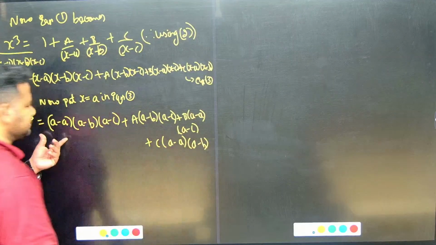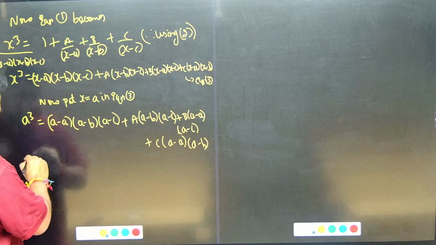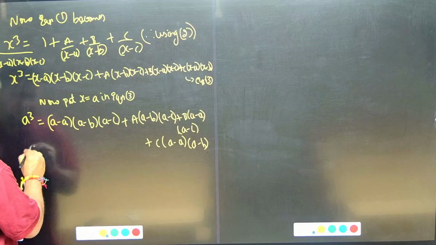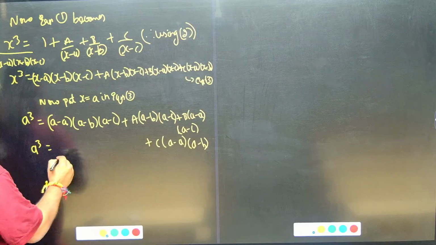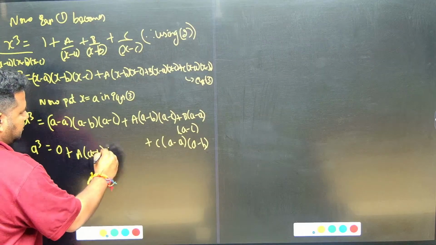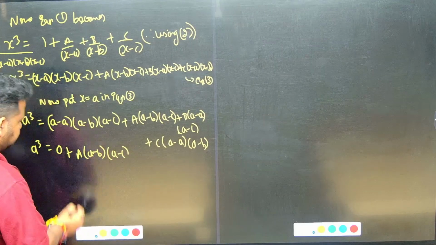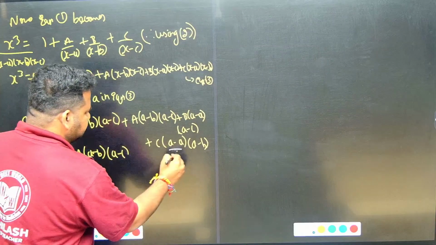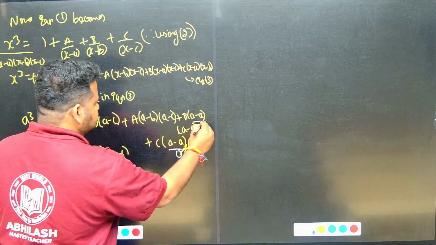Wherever a minus a is there, that becomes 0, so the first term is 0 and the B and C terms are also 0.